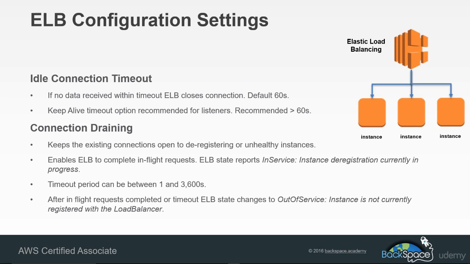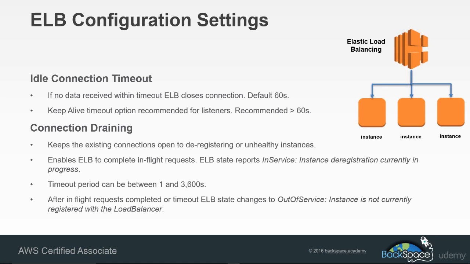Another thing to consider is connection draining. What that will do is keep existing connections open when instances are deregistering, or when they are marked as unhealthy. When something is deregistering or marked as an unhealthy instance, the elastic load balancer won't just immediately close that connection. It will keep it open for a period of time. The reason for doing that is that it enables the ELB to complete in-flight requests.